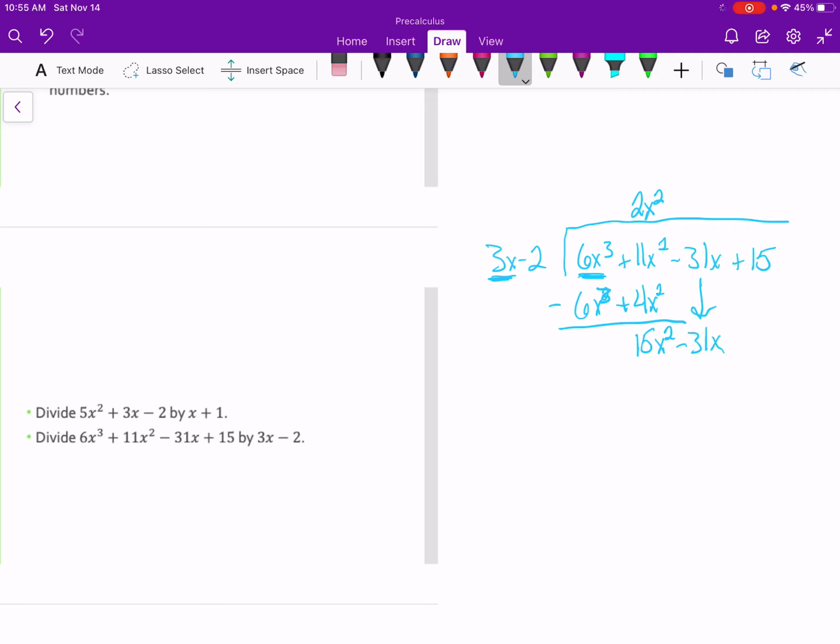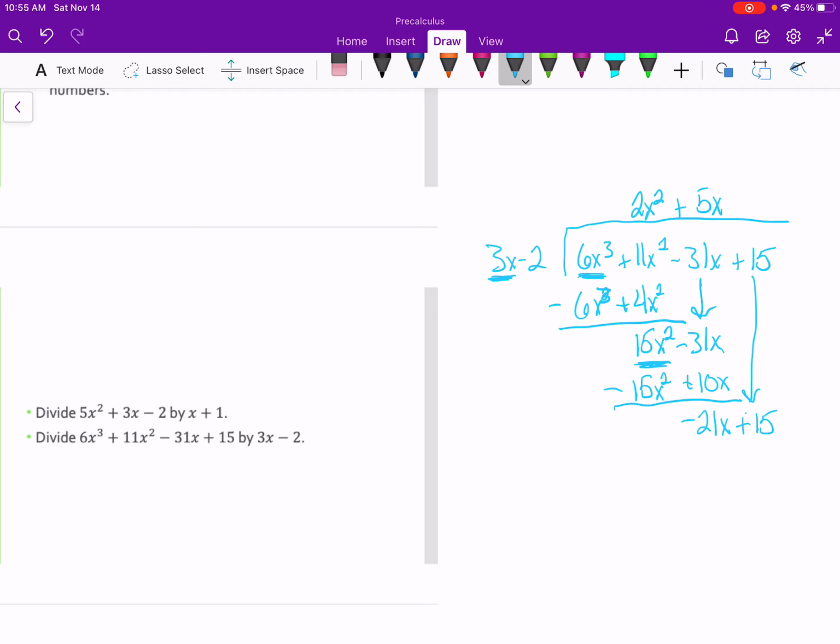What do I have to multiply 3x by to get 15x squared? Well, I have to multiply by 5x. So that gives me 15x squared minus 10x. Change your signs. We have negative 21x, and then bring down your plus 15.